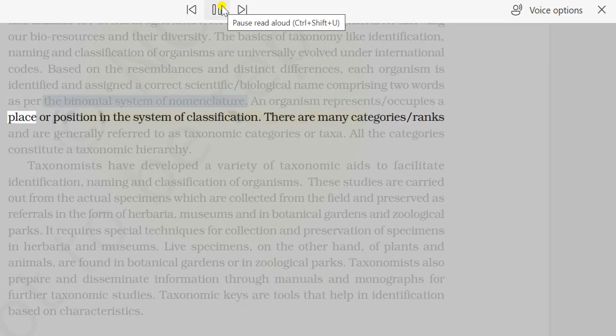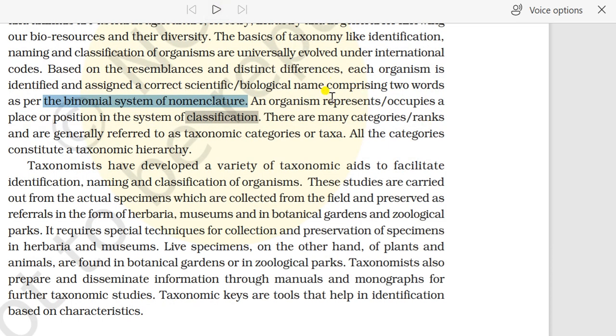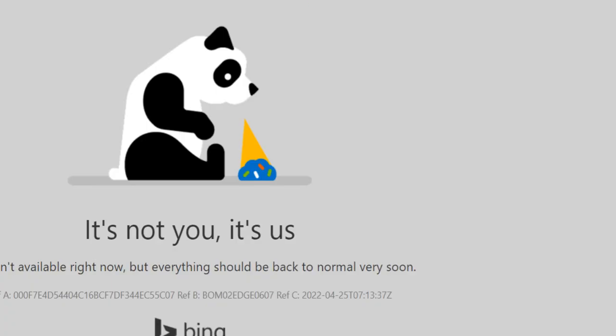An organism occupies a place or position in the system of classification. So we have a system of classification. There are many categories or ranks, generally referred to as taxonomic categories. All of these categories constitute a taxonomic hierarchy. So what is a taxonomic hierarchy?